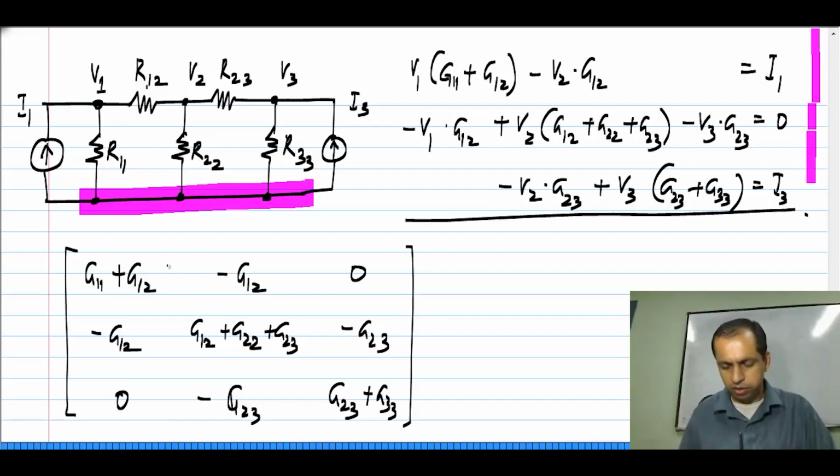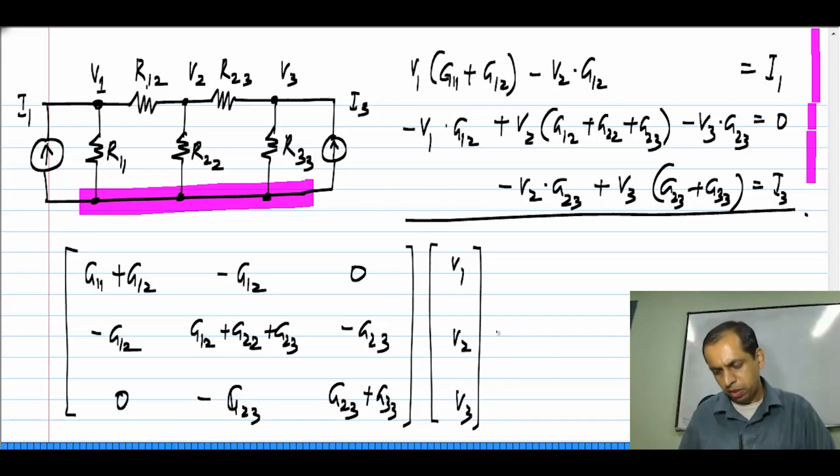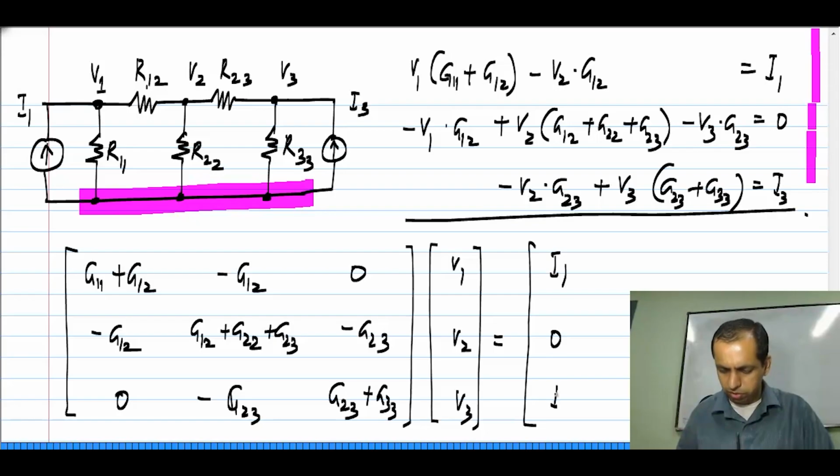Okay. This is a matrix times the vector of variables V1, V2, V3, and this will be equal to the vector of independent sources I1, 0 and I3.